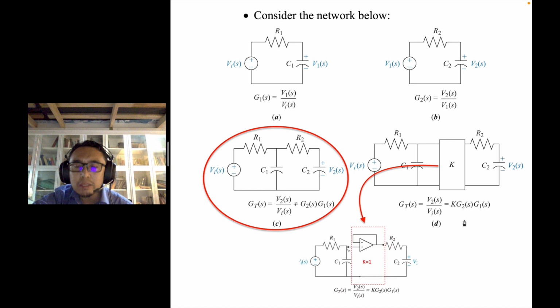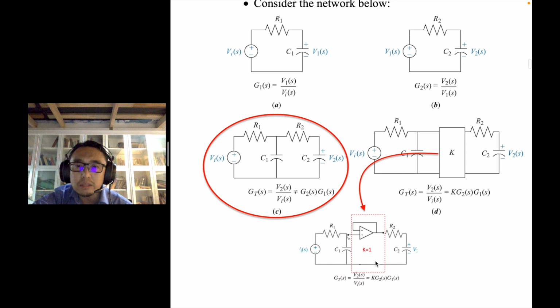However, typically in modeling of circuits, you can add a voltage follower. This is an amplifier, a voltage follower. I think you learned that in electrical circuits. If you add a voltage follower with gain K equal to 1, then you can apply GT, the overall transfer function, V2 over Vi equals K G2 times G1.